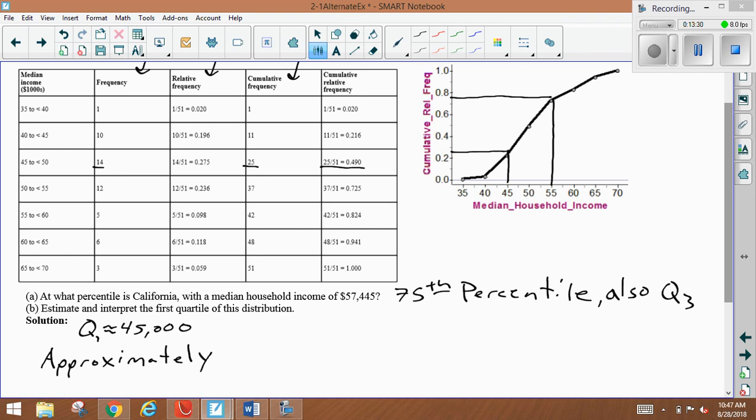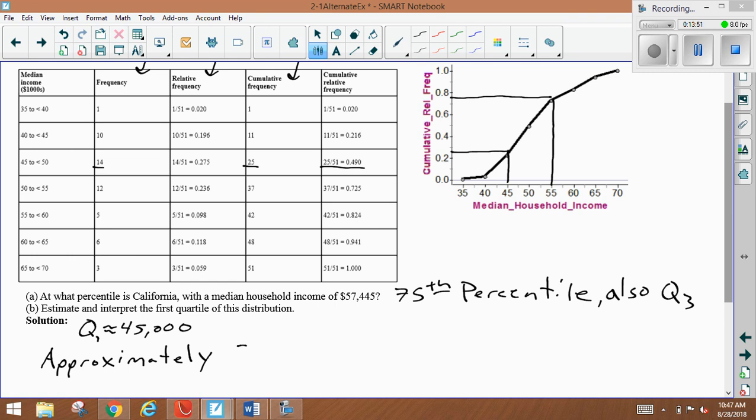I can't say for sure that that's what's really true, because it's probably a little bit different. So I'm going to say approximately 25% instead of saying 25%, because that might not be true. But definitely we've made a good approximation from this graph.